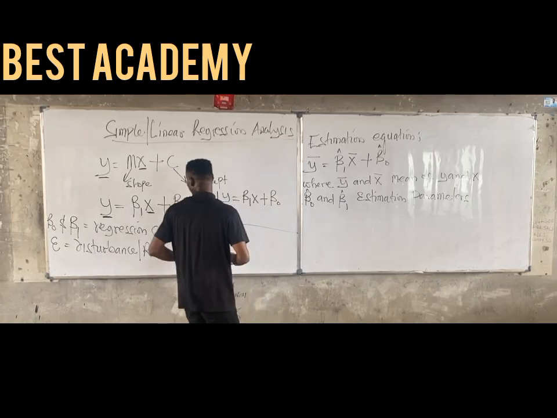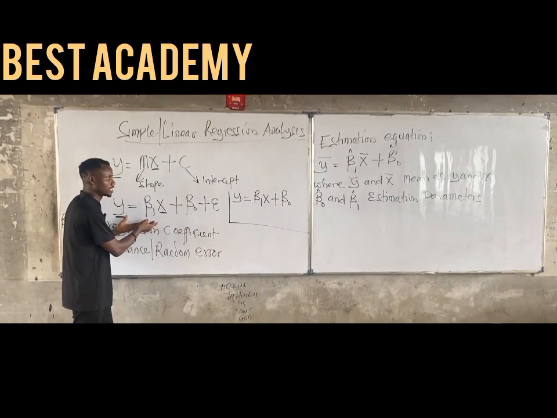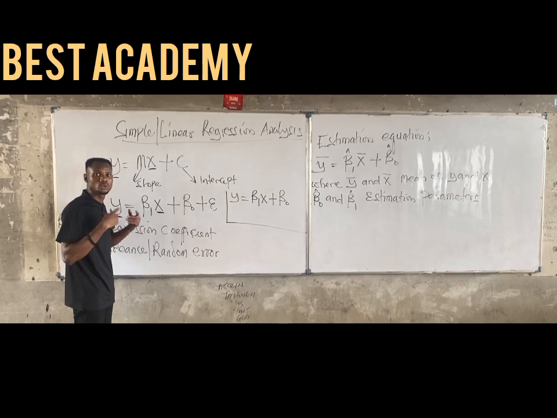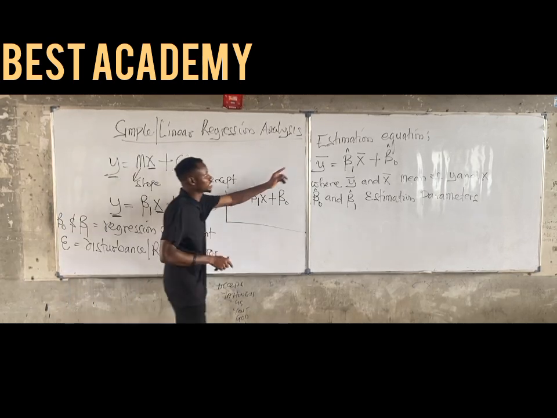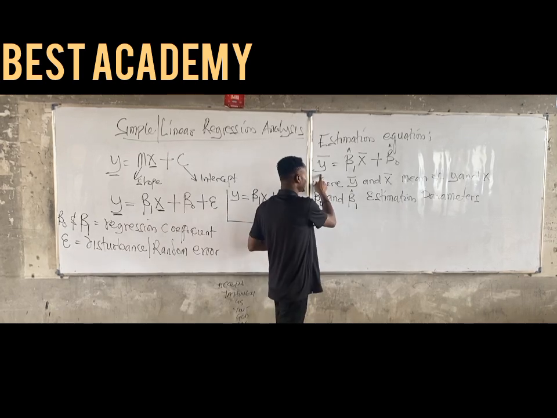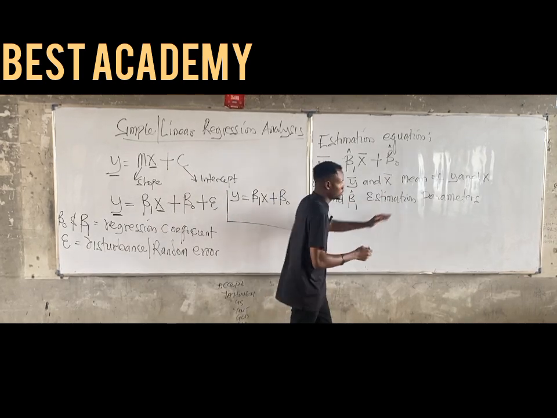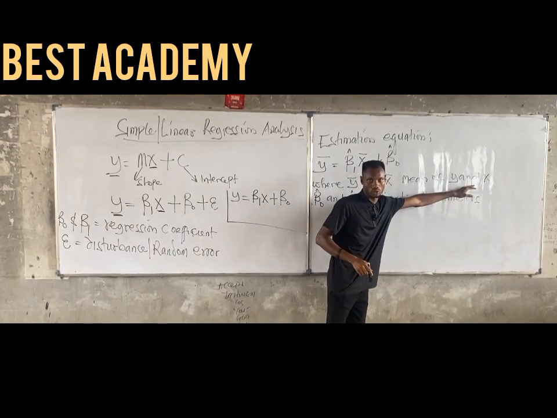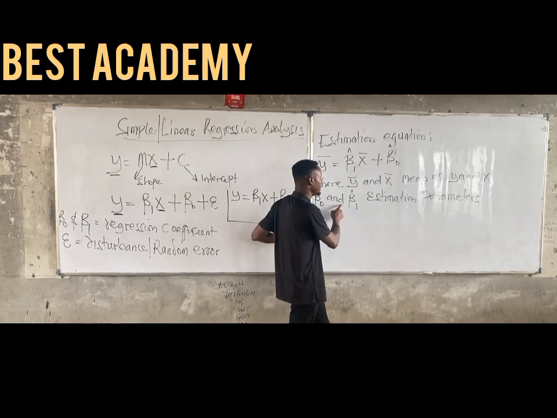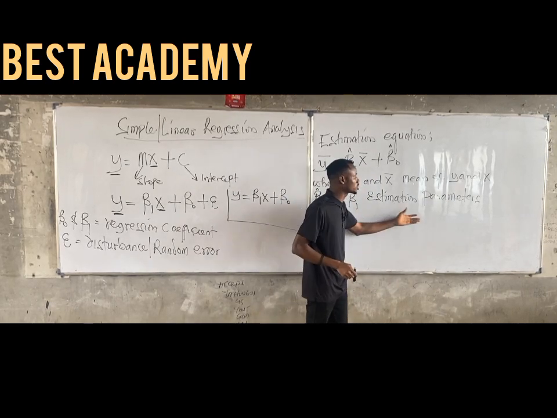This equation here is used to show the relationship between x and y, while in calculating your parameters, we use this estimation equation. Please take note. Now, understand this: y bar and x bar are the means of y and x. I'm going to explain this later. Beta naught hat and beta 1 hat are the estimation parameters.